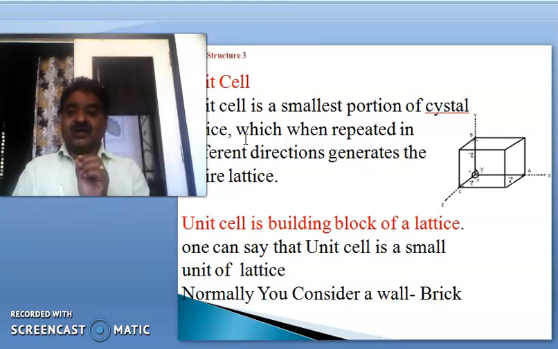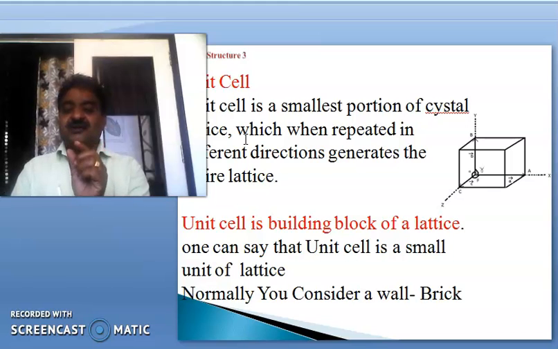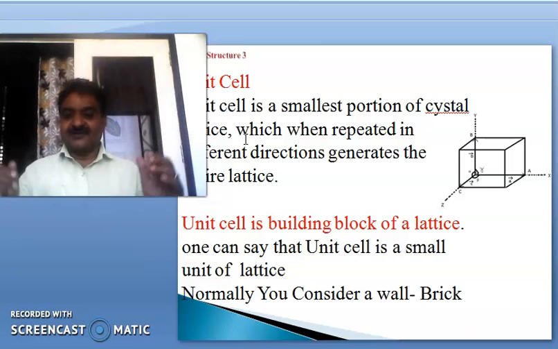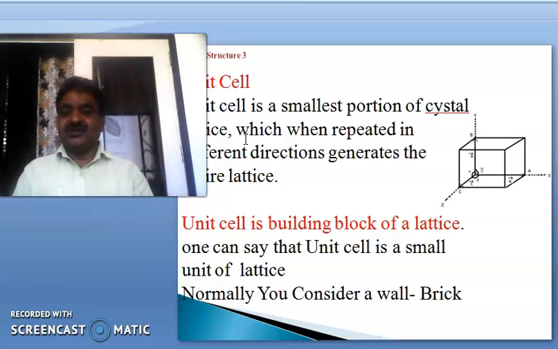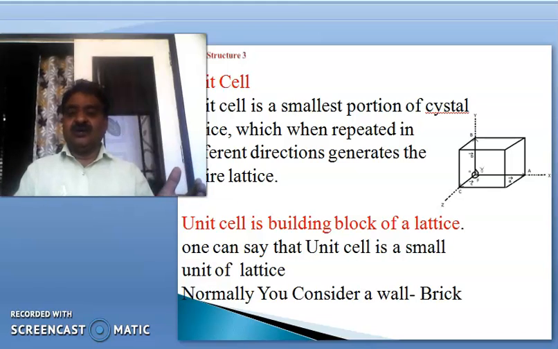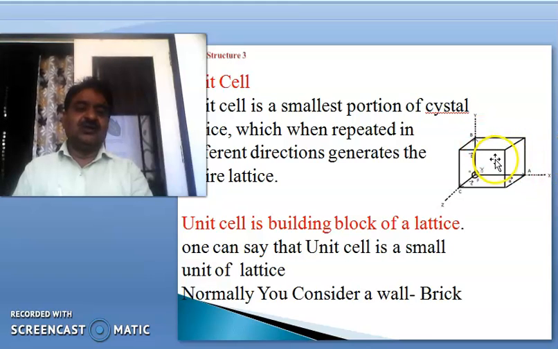remember that a unit cell is nothing but the smallest portion of a crystal lattice, which when repeated in different directions generates the entire lattice. So what is a unit cell? A unit cell is the smallest portion of a crystal lattice, which when repeated in different directions generates the entire lattice. You see, this is the unit cell.